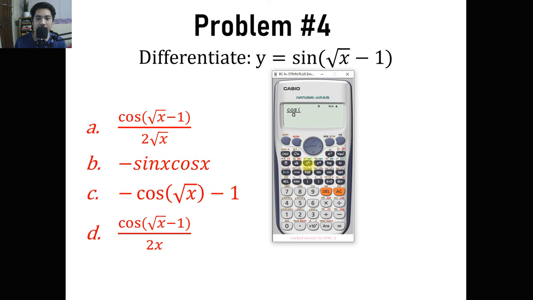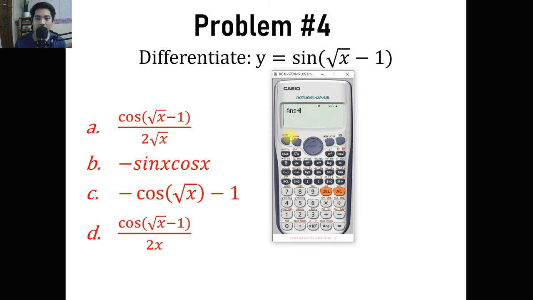So we have cosine of the square root of alpha x, minus 1 quantity. Then we have 2 square root of x, square root alpha x. Then solve for the value. We have used 0.3. So this is the value.